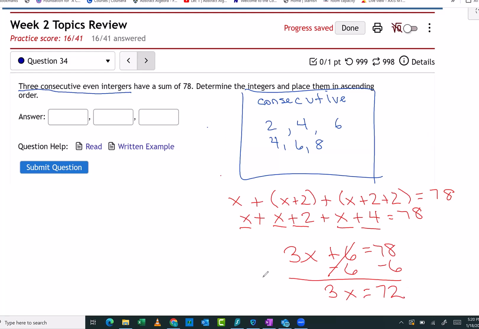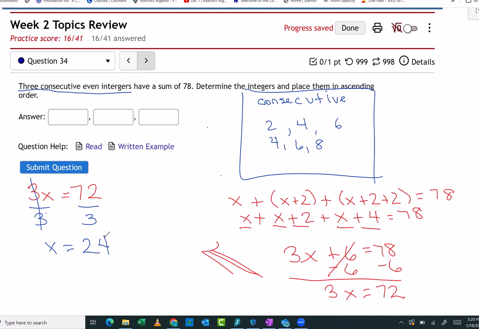I'm going to rewrite that over here. 3x equals 72. 3x means 3 times x. How do I get rid of the 3? I do the opposite operation from multiplication, which is division. 3 cancels with 3. I get x equals 24.